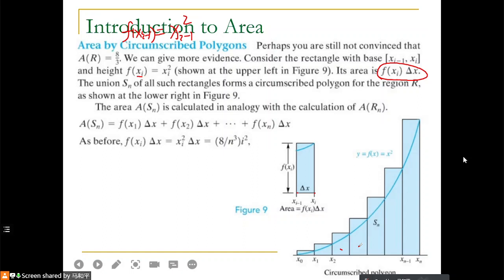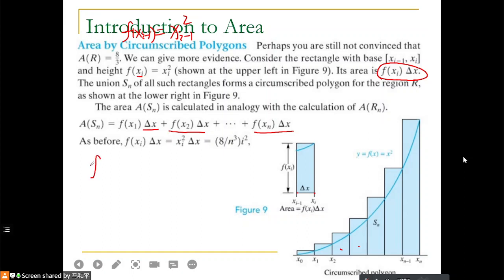The area ASN is calculated in analogy with the calculation of ARN. So ASN is equal to, the base is the first one x0, x1, so it's f of x1 times delta x. The second is f of x2 times delta x. The last one is f of xn times delta x.